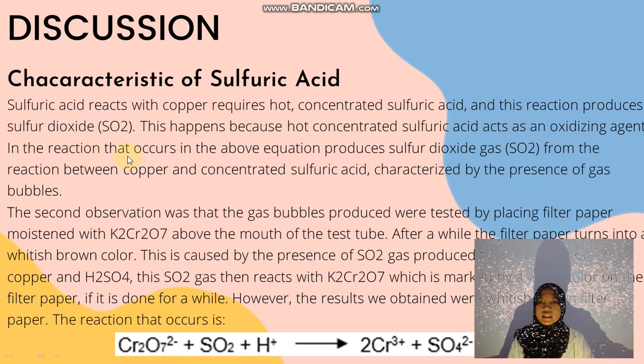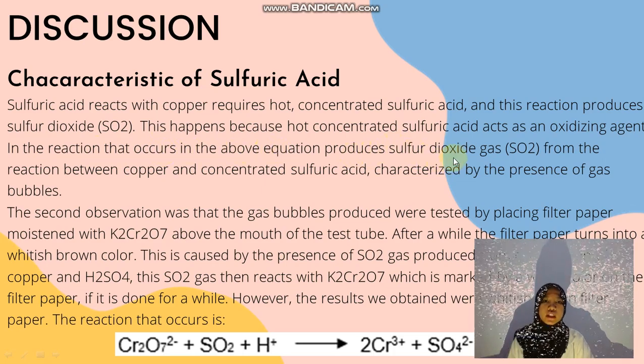The reaction in the above equation produces sulfur dioxide gas, SO2, from the reaction between copper and concentrated sulfuric acid, characterized by the presence of gas bubbles.